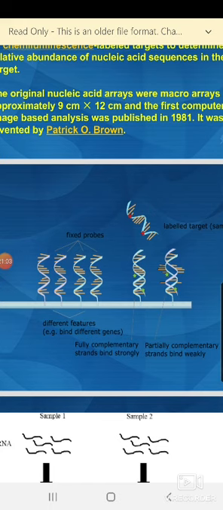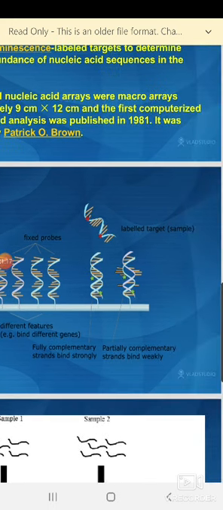Now, let me go a little bit basic of this technique. So, what we mentioned here, the fixed probes. This is single-stranded DNA, different features, that means binding different genes. These are all single-stranded probes which you fixed on a solid surface. Now, this is your target, which is coming. If it has a complementary sequence with your fixed probe, it will completely hybridize.